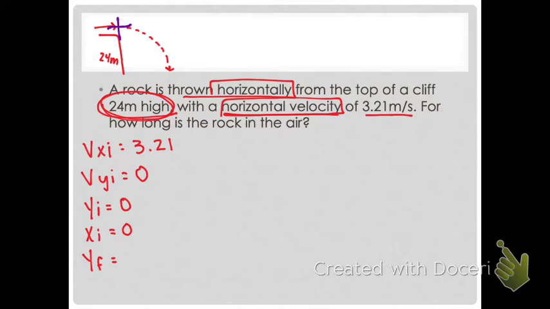Negative, because it is going to land 24 meters below where it started, right? My rock is going to land right down here. So if this is my x-axis and this is my y-axis, this object is going to land with some positive x and some negative y value. Do we see how it sits there on a coordinate map? It does the same thing, okay?